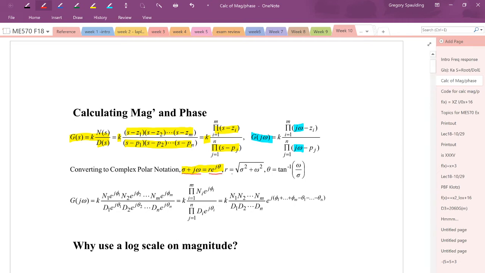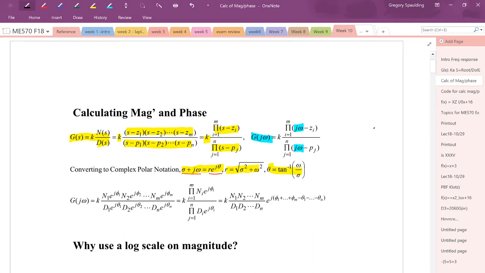And in doing that, what we have is our R is just the Pythagorean theorem. Honestly, it's the real portion squared plus the imaginary portion squared, and the square root of those, that gives us the R, and then the angle is just the tangent. Now, what we're talking about here is fairly simple.